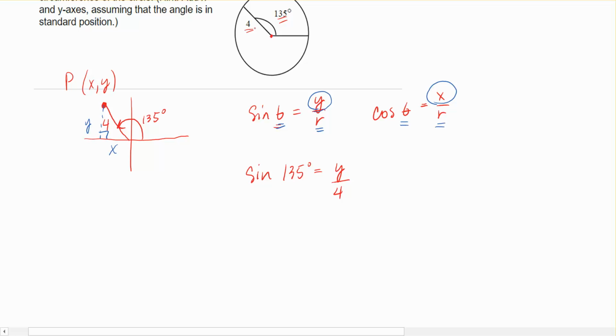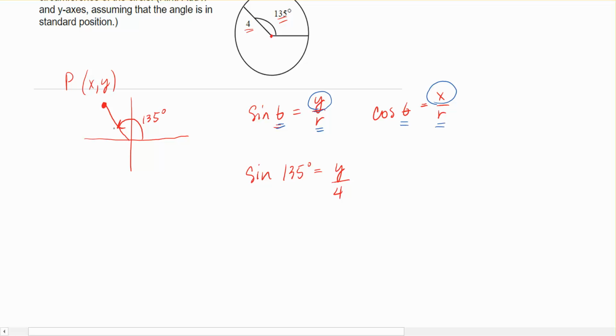Now we're going to apply our reference angles, which is what we've been discussing in this chapter also. So let me get rid of my x and my y. We know that 135 degrees is over here in the second quadrant, and so there must be a reference angle from the first quadrant that would help me identify the sine of 135.